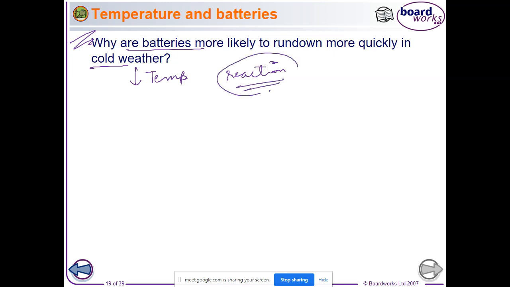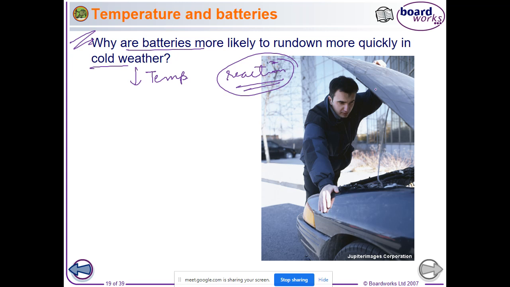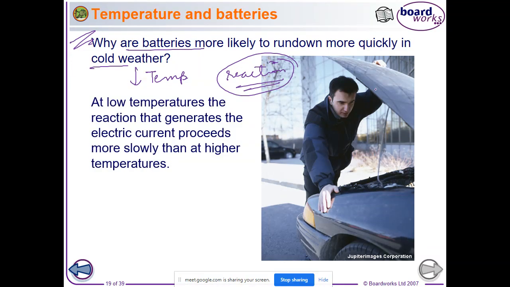Right, absolutely. The reaction is very slow, and very low temperature means an inadequate number of successful collisions. So thus, you can see that the battery runs down more quickly. So clear? Any problem till here?